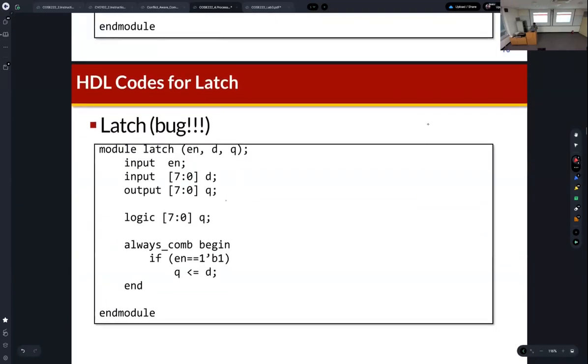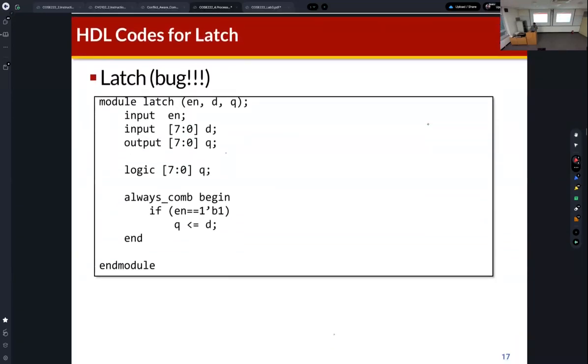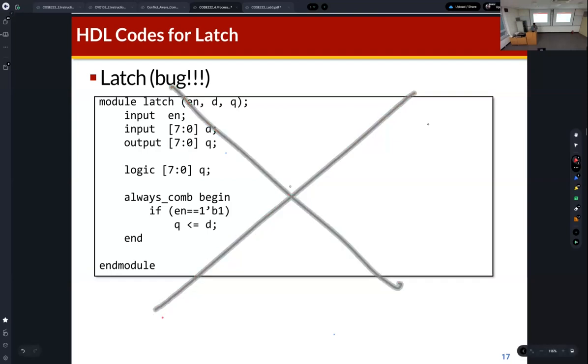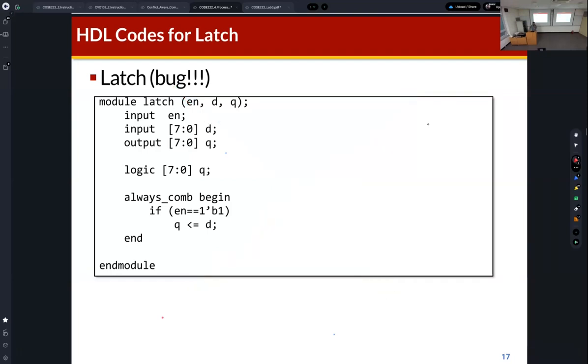Actually, this is the example code of a latch, but we need to avoid latches. A latch is a kind of bug in the design, which means that we need to avoid generating latches. Okay, this is the example code.